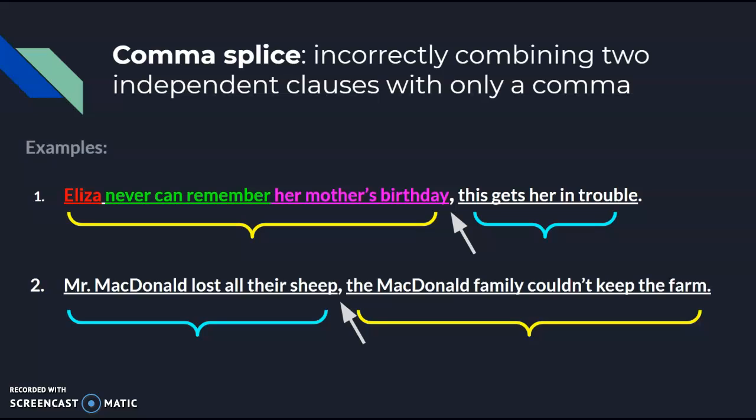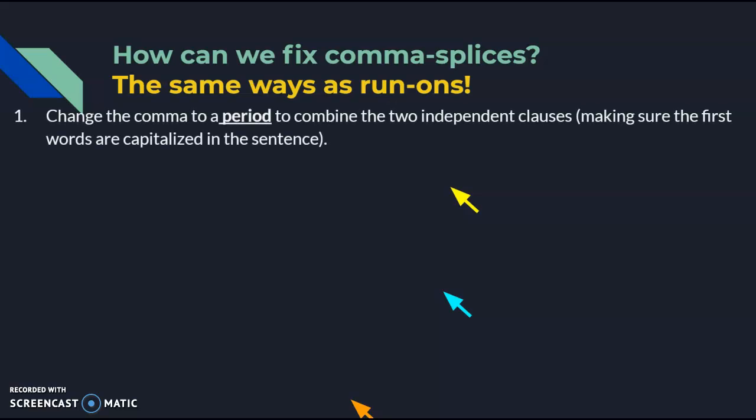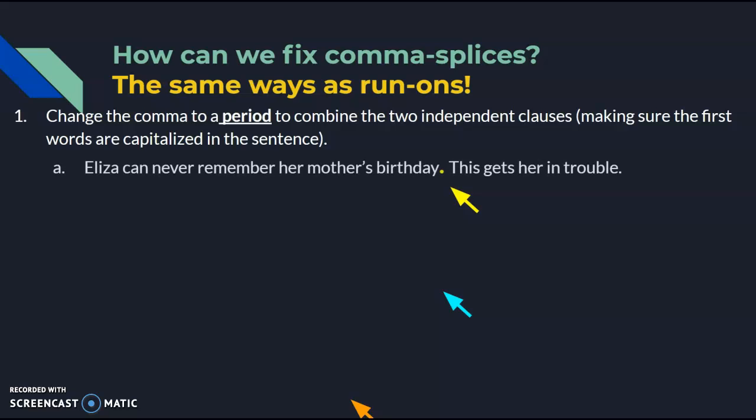So guess what? The exciting news is that we can fix comma splices almost the exact same way as run-ons. So you can change the comma to a period to separate the two independent clauses. For example, Eliza can never remember her mother's birthday, period.